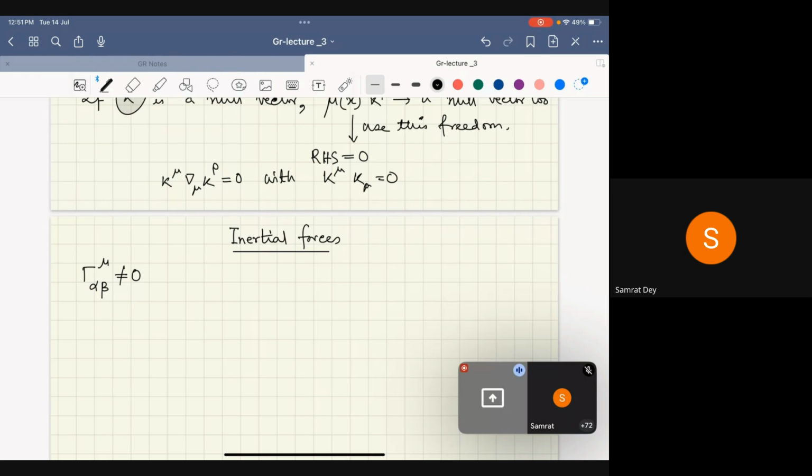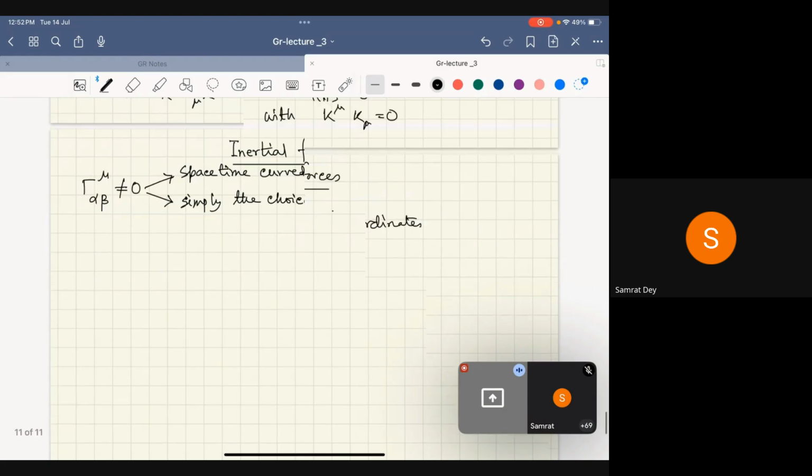One is, of course, because the space-time is curved, or the other one is simply the choice of coordinates. It has nothing to do with the curvature of space-time. Rather, it is a choice of coordinates. So we observe an acceleration.